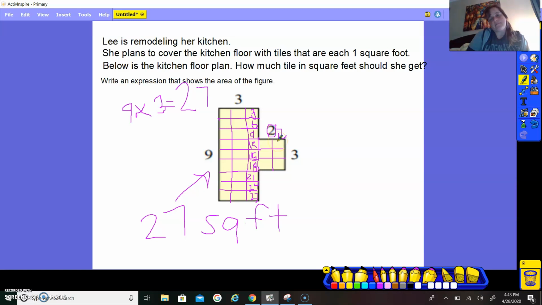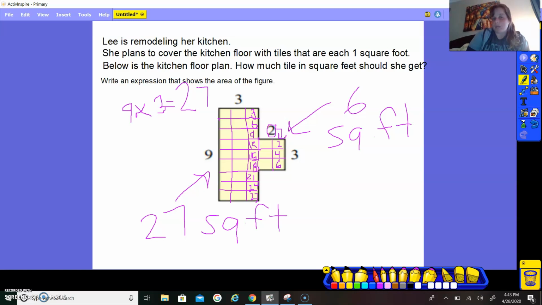Well, let's count by 2. 2, 4, 6. So this space over here represents 6 square feet, because we're talking about area.